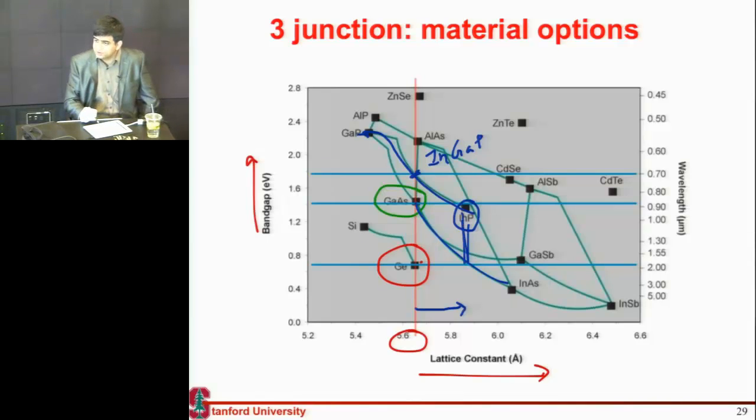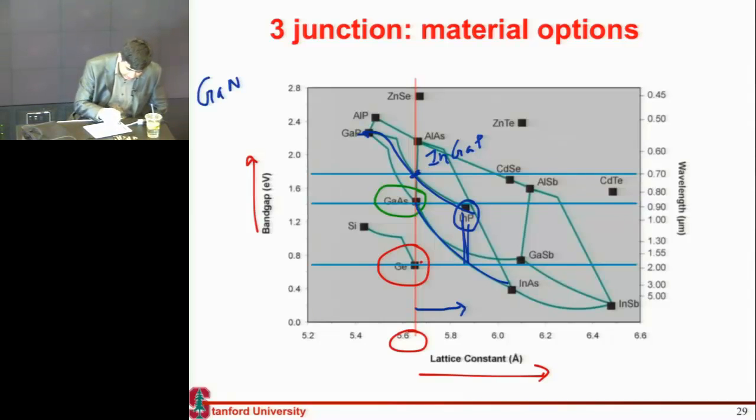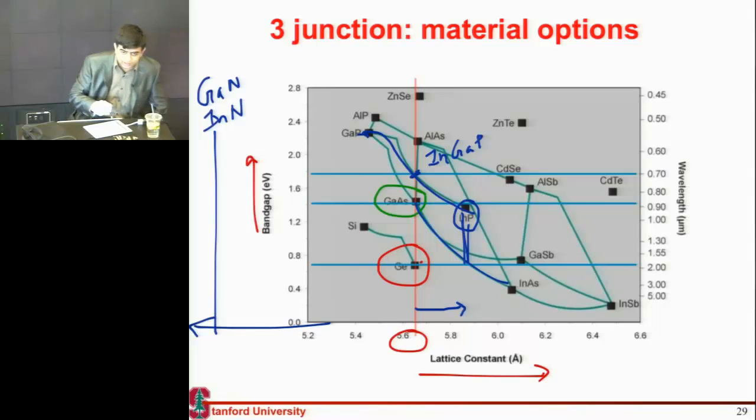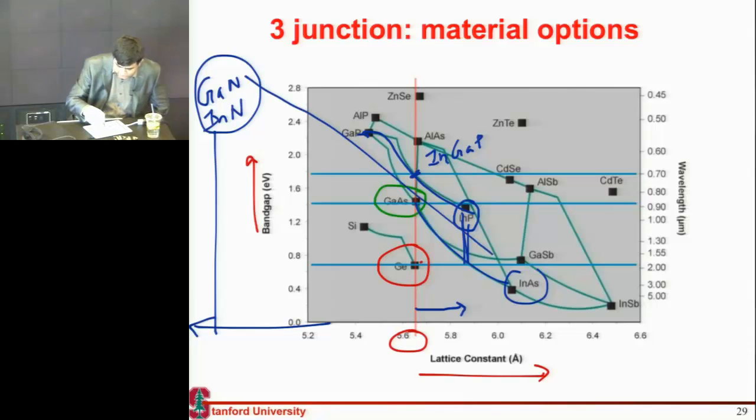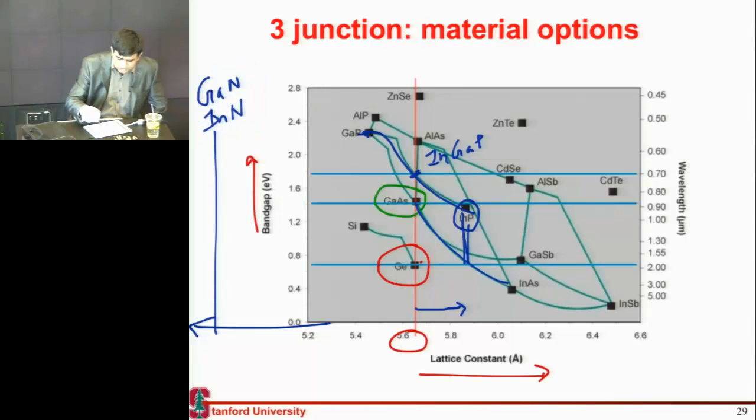The speaker who will come on Wednesday uses something that's not just different, it's actually out of the box. They use this material which has gallium nitride or indium nitride, which has a lattice constant which is not even on this figure, somewhere over here, and they use a combination of this with indium arsenide, so that gives them a lot of headroom to play around with these material combinations.